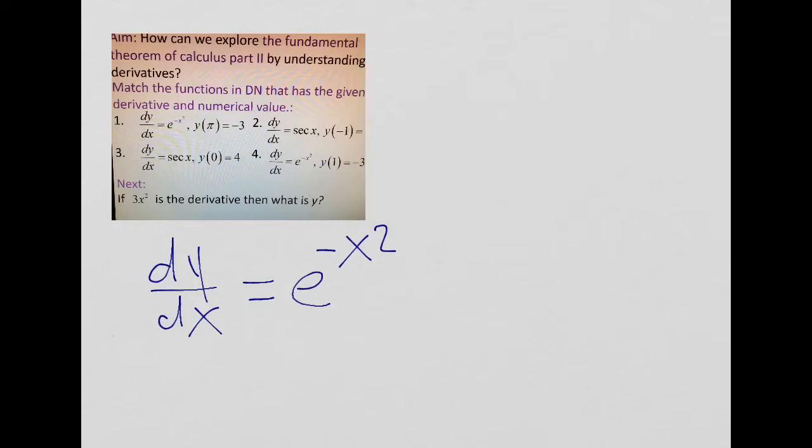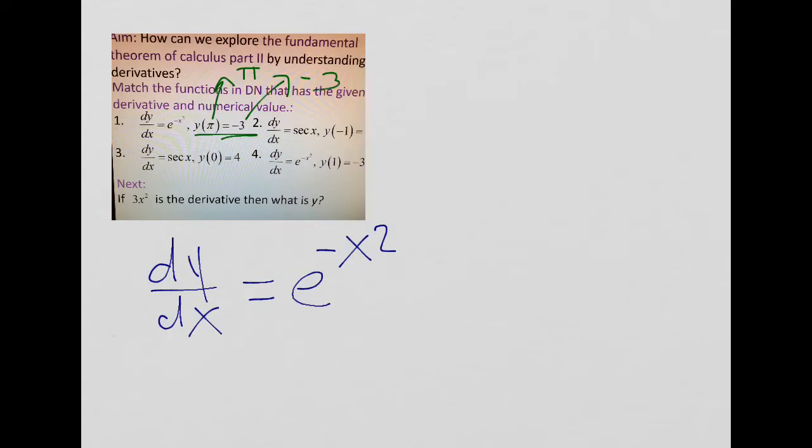So number 1, you're either going to say that it is matching with A or D because that is the derivative. Now, this is saying y of pi is equal to negative 3. So that means that the x value being pi, the answer is negative 3.